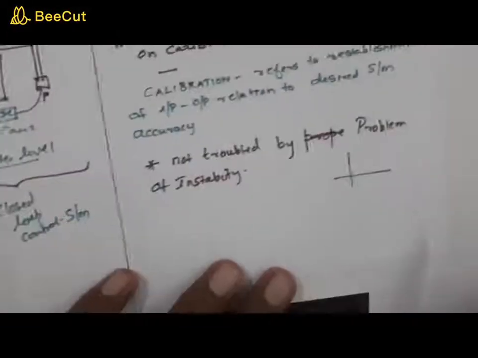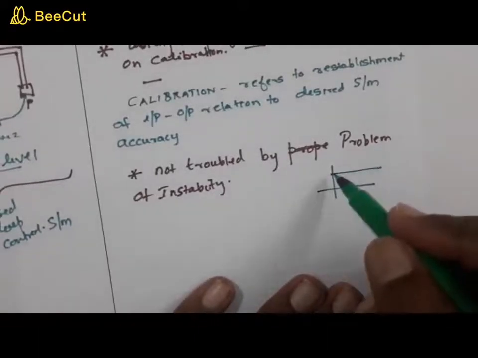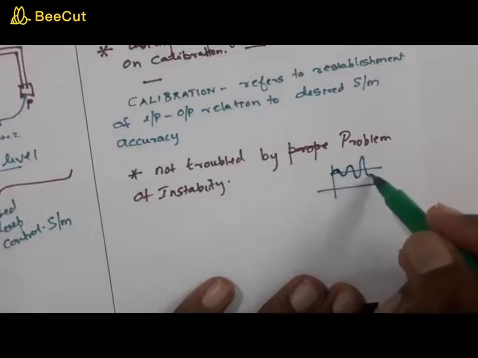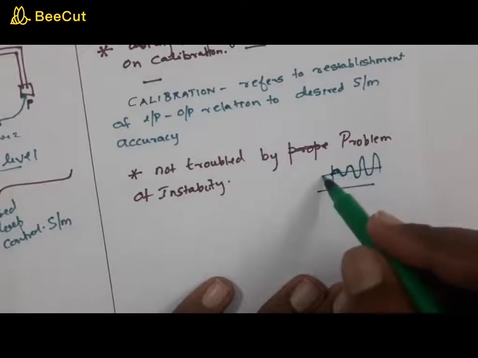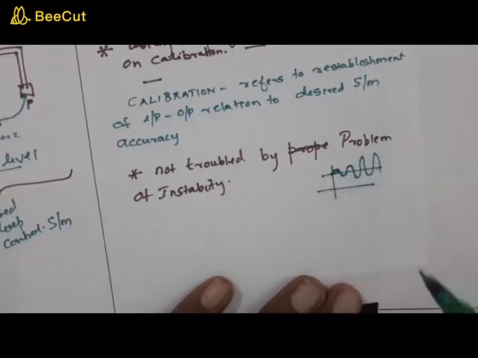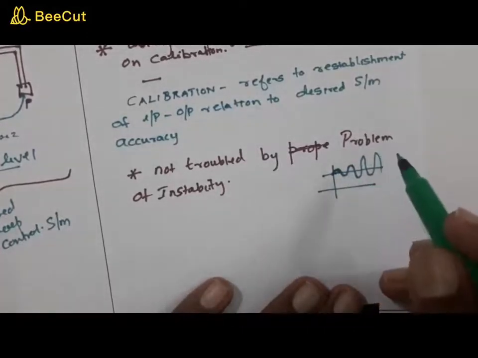By stability, it refers to maintaining the output at its consistent desired value. If this is the desired value, and the output is fluctuating like this, or oscillating like this, then you will say that the system is unstable.